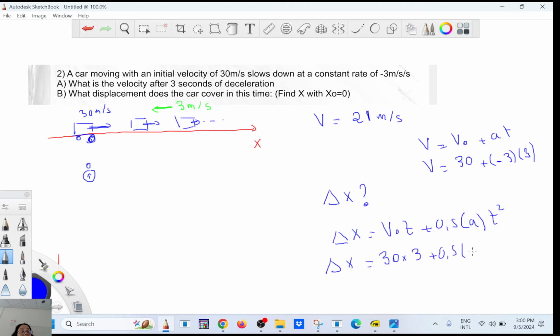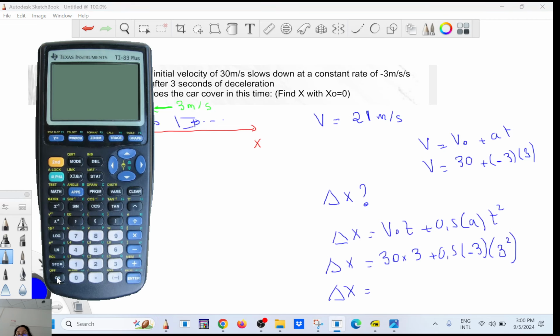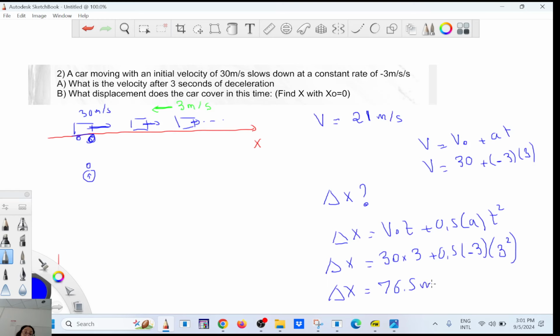And here you have to be careful to put a negative 3 and 3 squared. So what you get? 76.5, yes. So 30 times 3 plus 0.5, and then you have a minus 3 here, and then you have a 3 squared. So I'll show you how to do it quick. So yes, right, 76.5 meters.